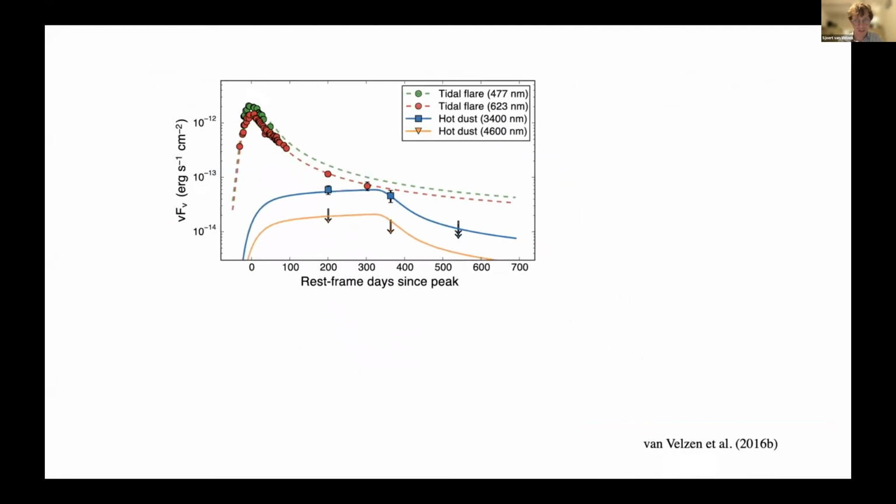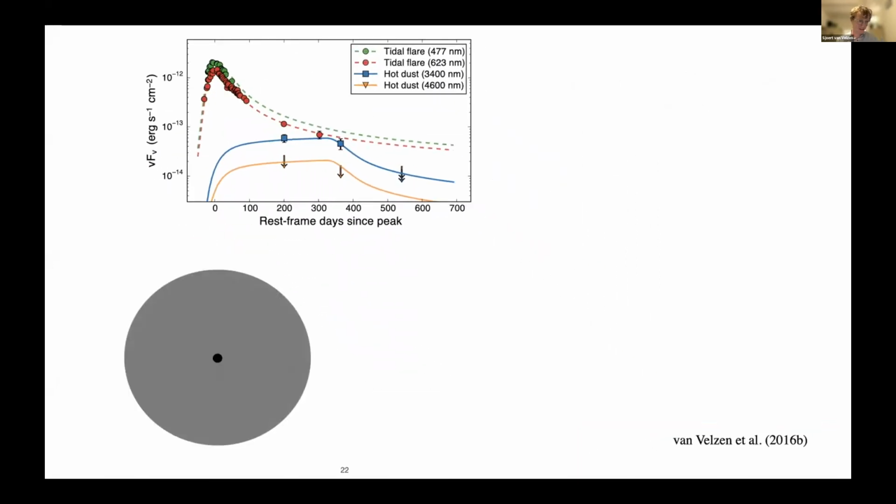And let me explain how this works. Okay, so we have a black hole, it disrupts the star, you get light, and we see the optical light first. This is a real light curve, an optical tidal disruption event. Now, all this UV emission from the TDE sublimates the dust.